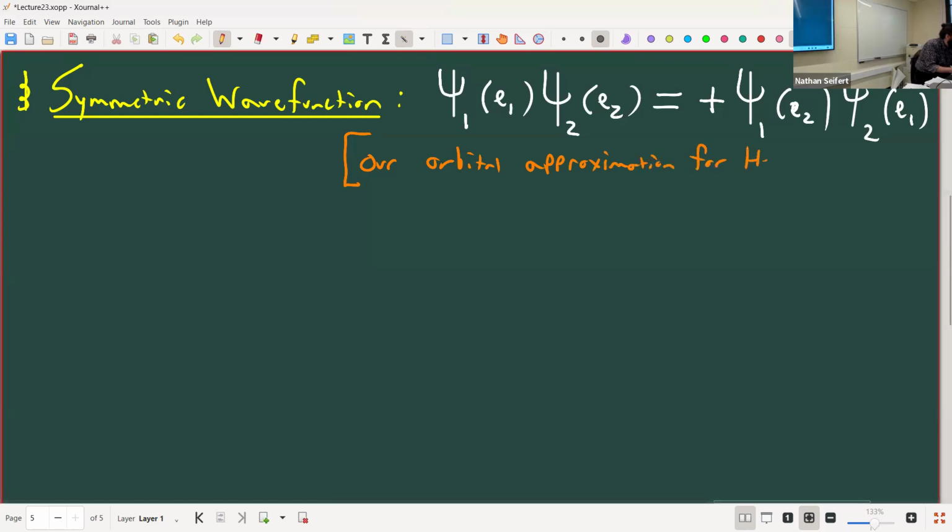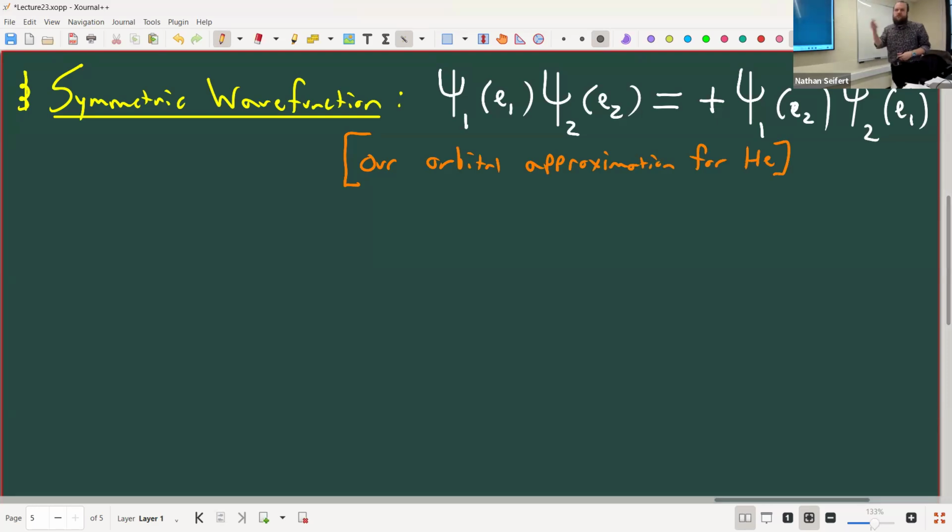For helium, we created a symmetric combination of two hydrogen wave functions such that if we were to swap the electrons, we get the same wave function back. It's a symmetric combination. All right, we made this symmetric product.